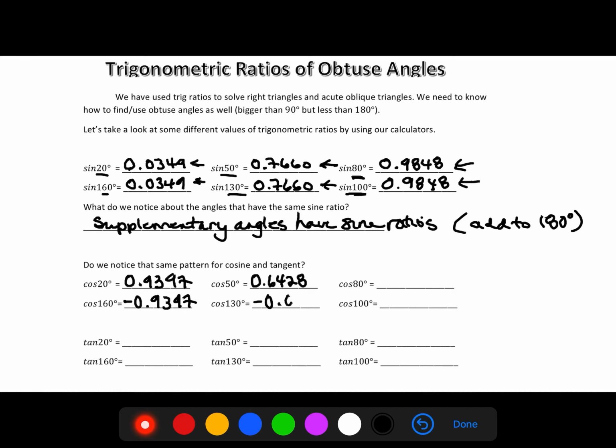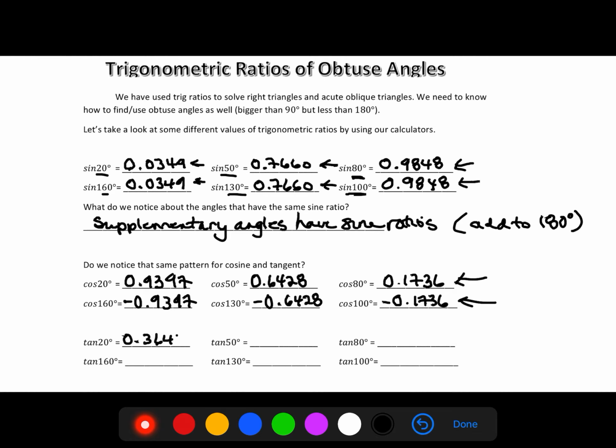For 130 degrees, it's negative 0.6428. And we notice the same for the cosine of 80, which is 0.1736, and 100 is negative 0.1736. So we do have the same values for our supplementary angles, but the positives are for angles that are acute. We have negatives for angles that are obtuse.